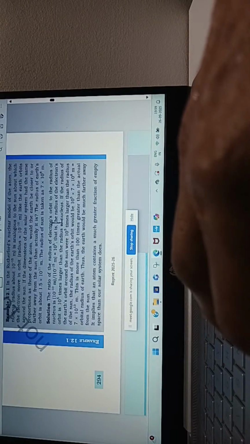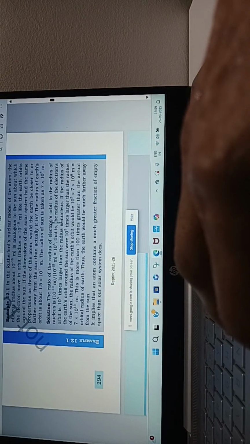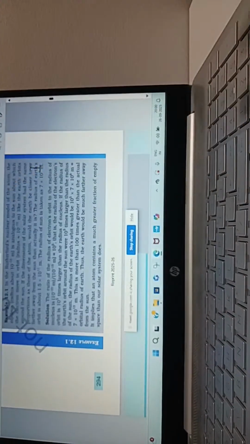This is more than 100 times greater. So what is the radius of the earth? It is 1.5 times 10 to the power of 11, and the radius of the sun is 10 to the power of 8. Divide 10 to the power of 11 by 10 to the power of 8, and it will come to 10 to the power of 3. Actually we got 10 to the power of 5 here, and here we are getting 10 to the power of 3. So how many times will it be? 100 times greater.